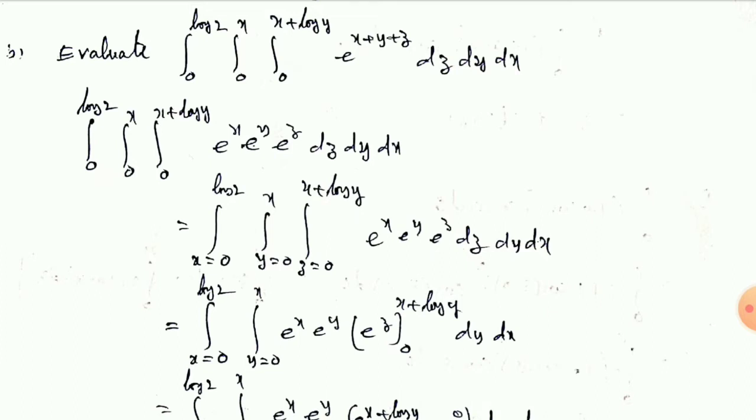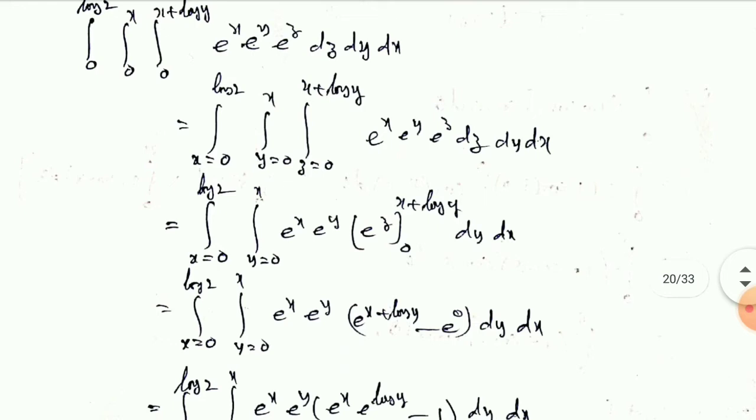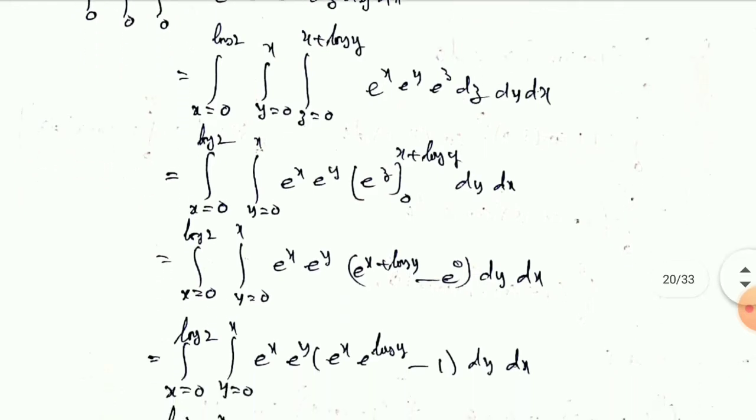Coming to the previous one, the second integral involves the x variable, so it is the y limits, and automatically the first is x limits. Just write down the first integral as x integral, the second as y integral, the third as z integral, and do the integration first with respect to z. Do the simplification and substitute your lower limit and upper limit.